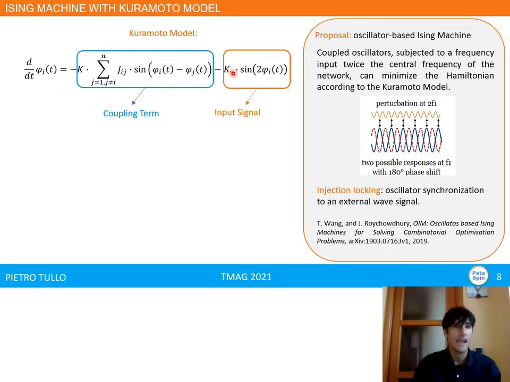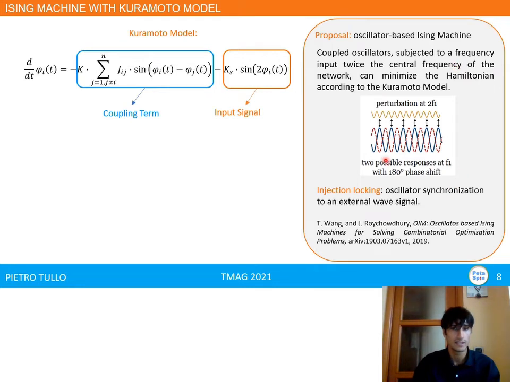Here instead we have the amplitude of the input signal, which has a frequency twice the central frequency of the network, and it can minimize the Hamiltonian according to the Kuramoto model.